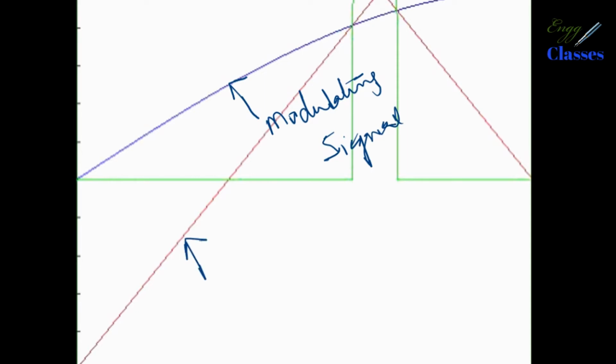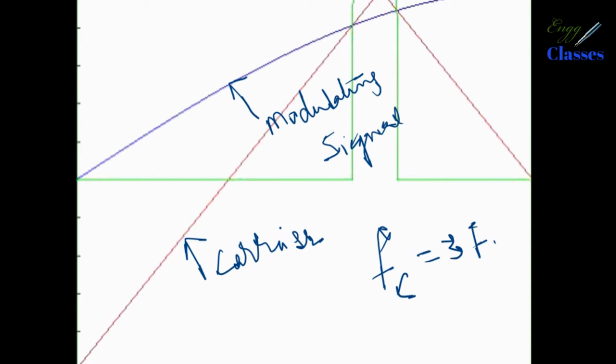The carrier signal that I am using here is a bidirectional triangular waveform having frequency equal to 3 times the sinusoidal signal frequency, where Fs is the sinusoidal signal frequency, or we can take it as 3 times the modulating signal frequency Fm, where Fm is the frequency of the modulating signal.